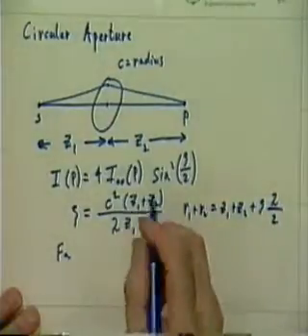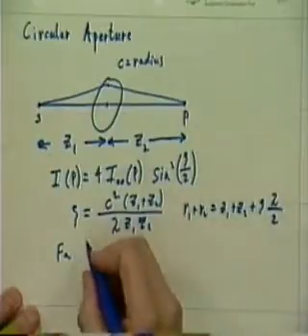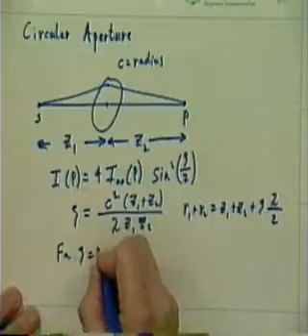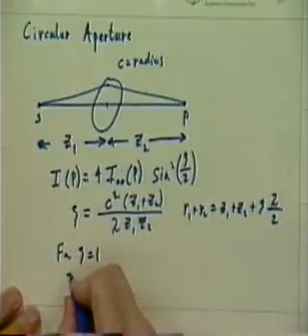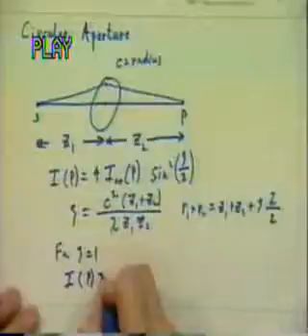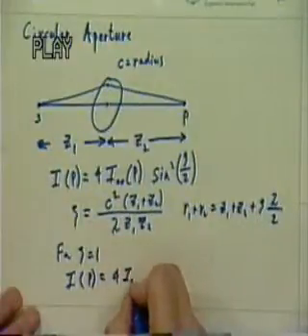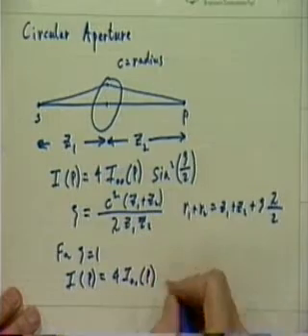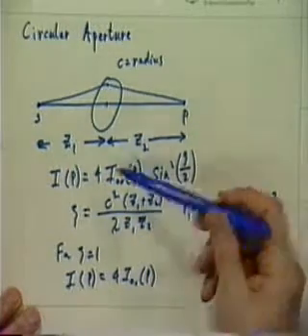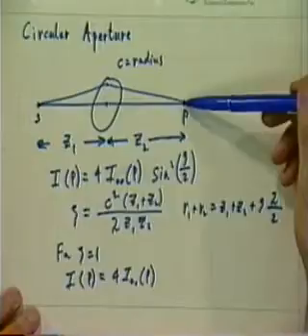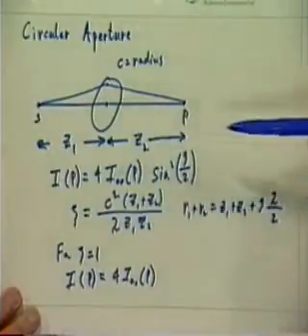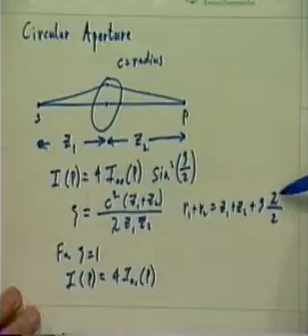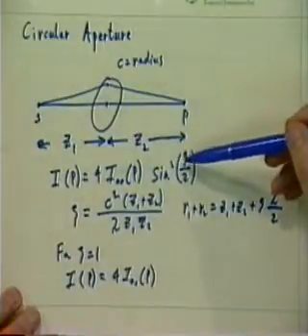So if we had one Fresnel zone, squiggle is equal to 1, then I of P is 4 I00 of P. If there's only one Fresnel zone in this aperture, we get 4 times the irradiance we'd have with an infinite size aperture.